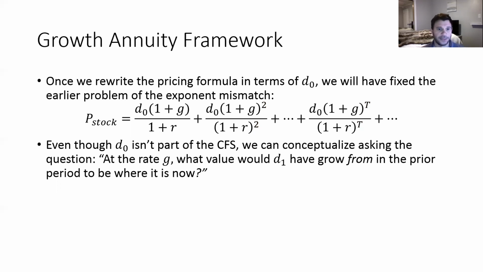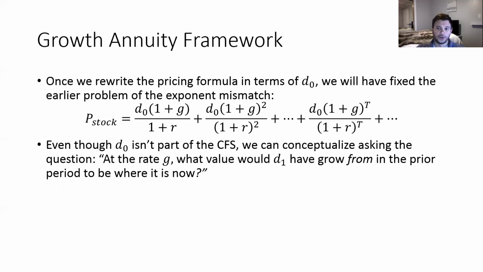We can factor out that D0 from every single term. And then we would have some sort of geometric series left involving the growth factor and the interest factor, the ratio of those two things, squared, cubed, and summed up, so on and so forth.